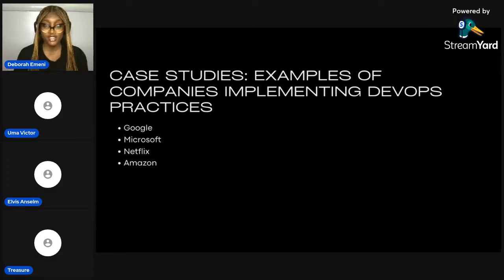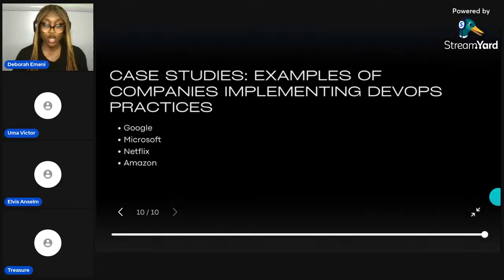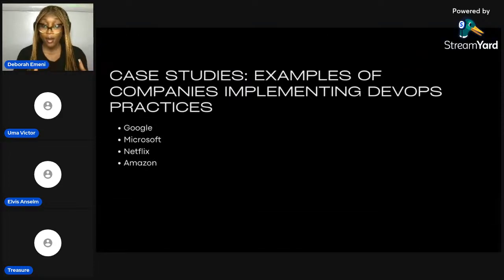These are very big organizations, and they all use DevOps to carry out practices like continuous integration and delivery, automated testing, and containerization to deliver their new services and features, and also to deliver high quality software easily and with speed.